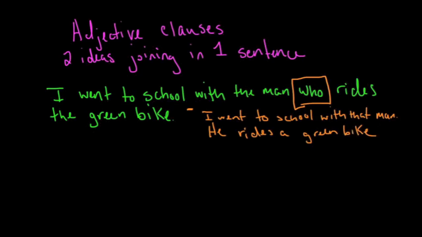And you can see where that connects who with he. Who rides the green bike? He rides the green bike. And that's why we're using who, because it replaces he in this linking together sentence. So let's take a look at whom in the next sentence.